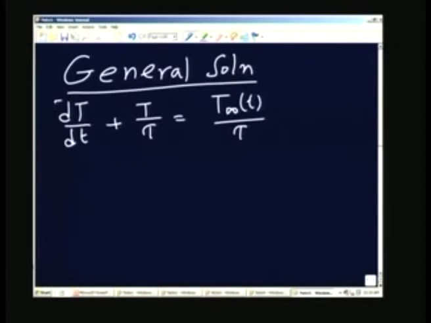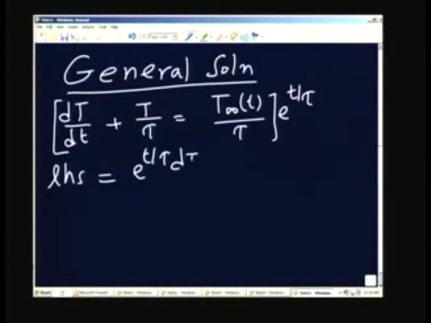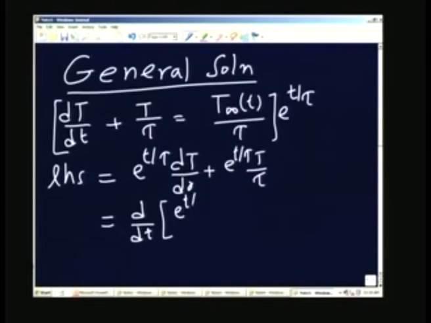Suppose I multiply throughout by e to the power of t by tau, which is an integrating factor. So, if I multiply these two, the left hand side becomes e to the power of t by tau dT by dt plus e to the power of t by tau multiplied by T by tau, which is nothing but d by dt of e to the power of t by tau multiplied by T.